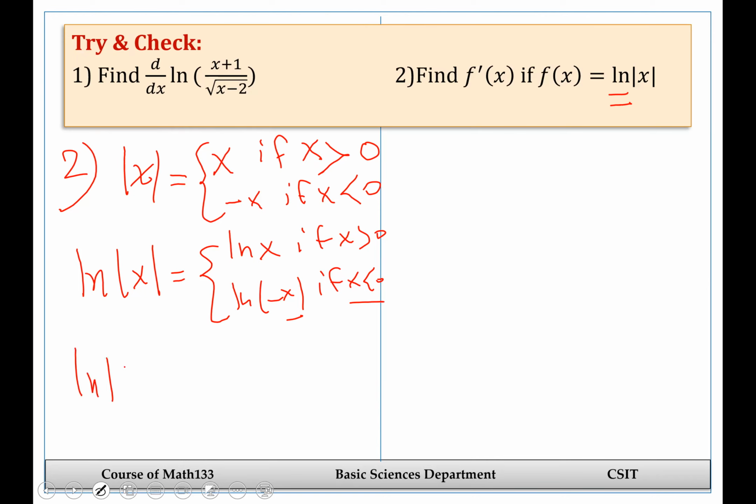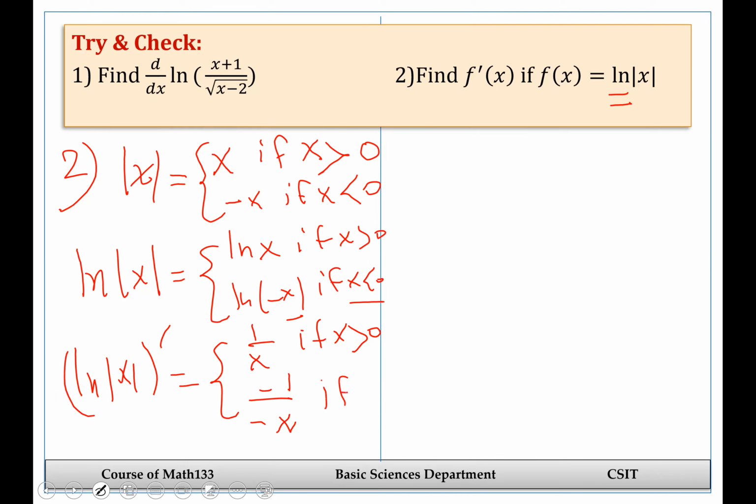So the derivative of ln absolute value of x will be equal to, we know that the derivative of ln x is 1 over x if x is positive. And ln of minus x is equal to, by the chain rule or the rule of ln u, 1 over minus x, and the derivative of minus x is minus 1.